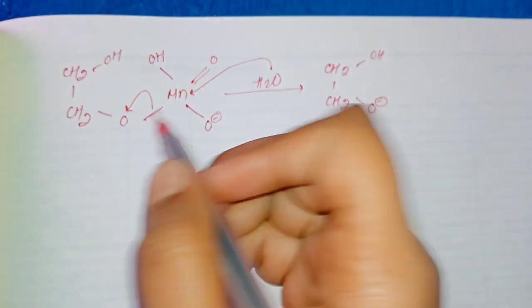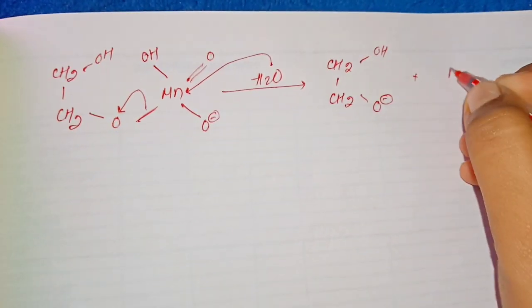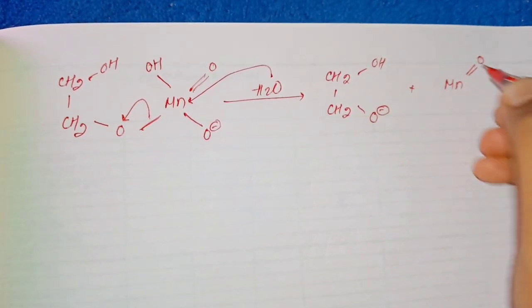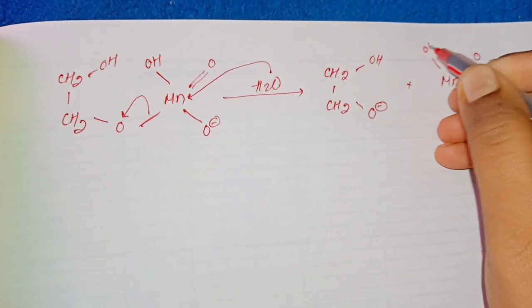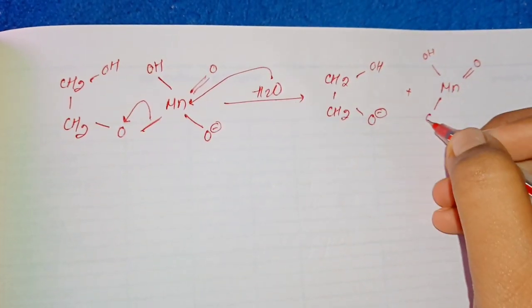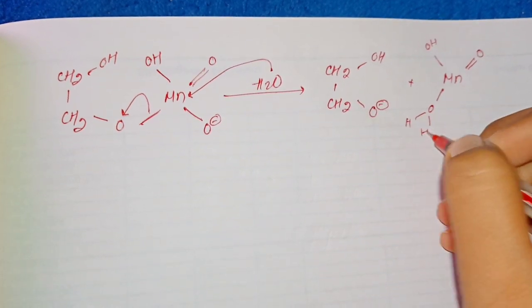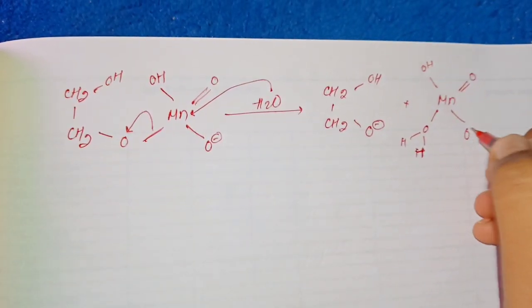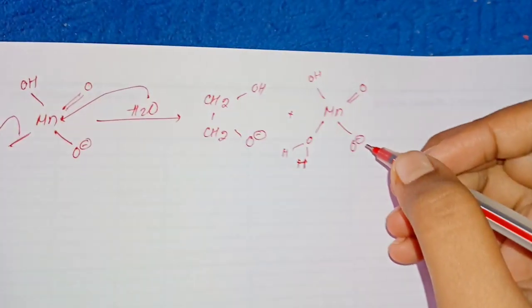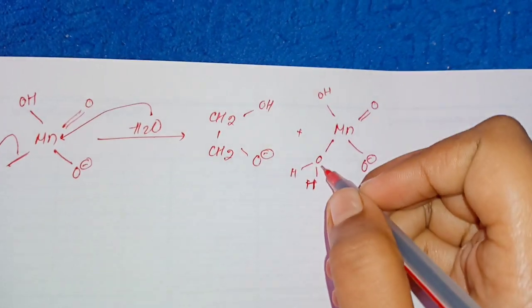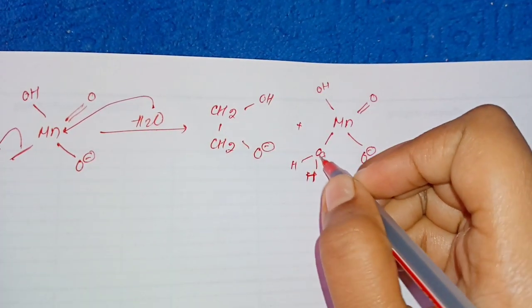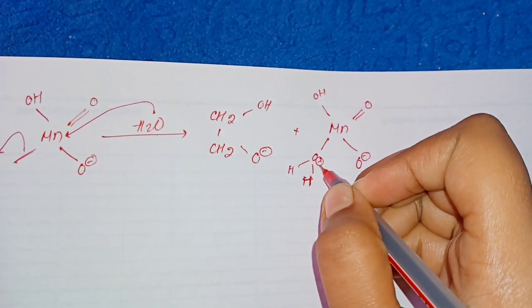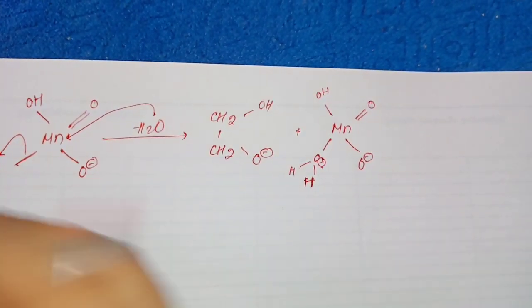As there is no connection to the manganese, a plus sign will come. Manganese double bond O bond OH. Here water is added, O, H, H, and the O negative sign comes here. As oxygen gives it, it becomes positive.